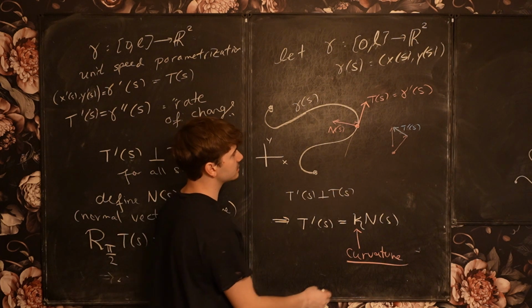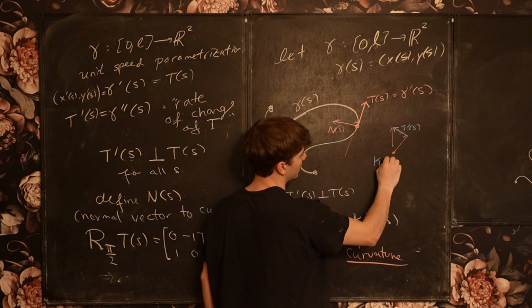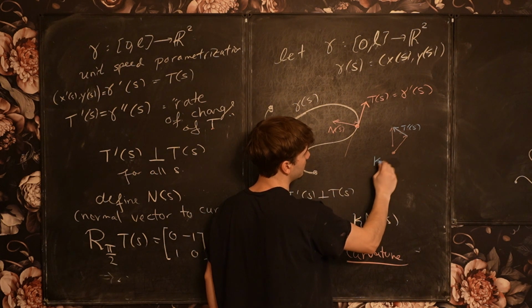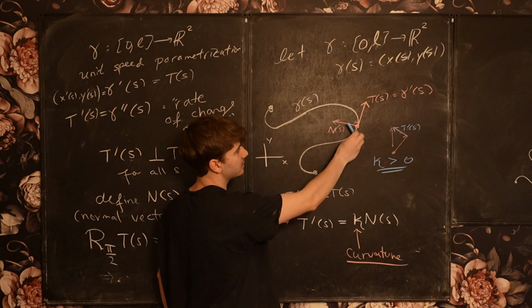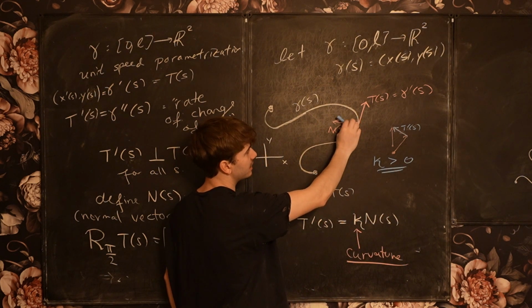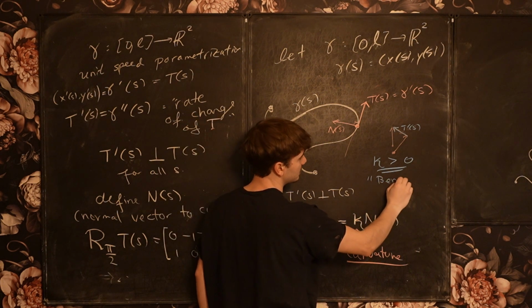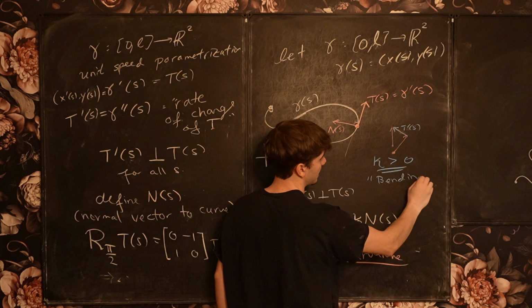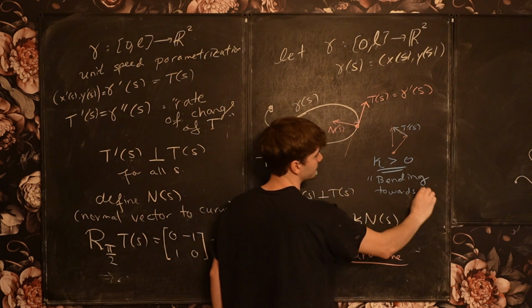So in this specific case, we would have that kappa would be positive, okay? So kappa is positive, which indicates that t is bending towards the normal vector. So this means that the curve is bending towards the normal vector.